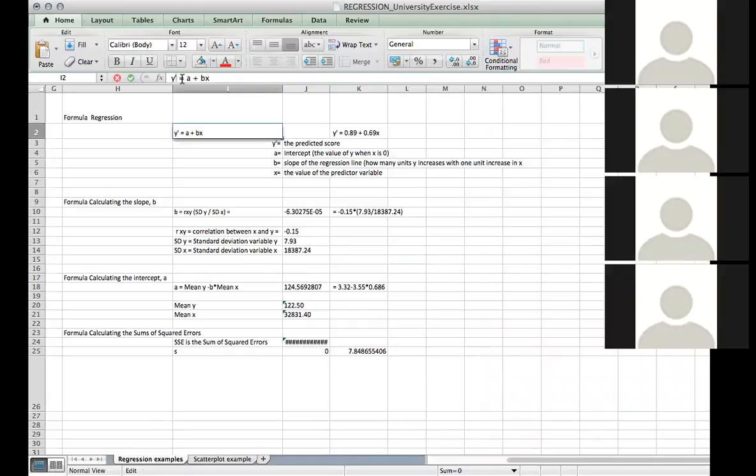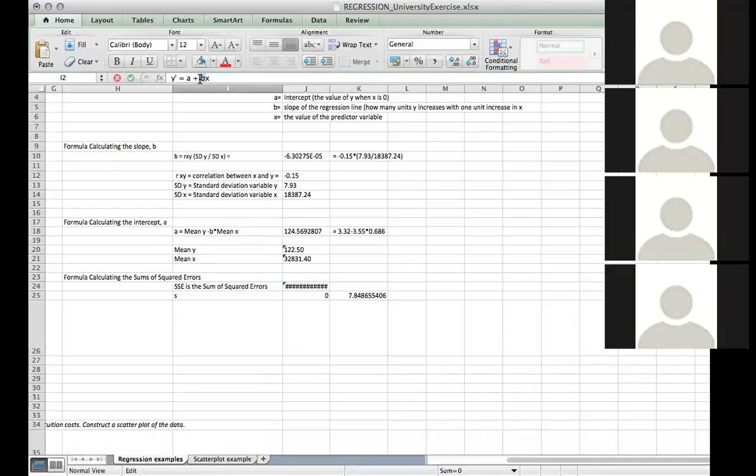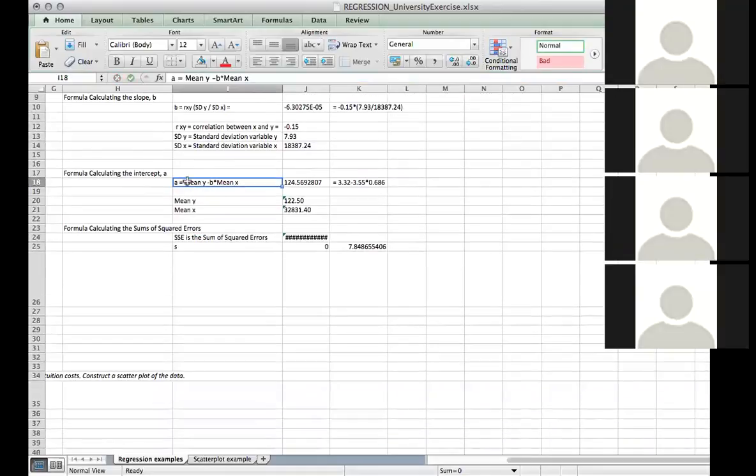It's a Y hat, but that's hard to do, right? So Y hat equals A plus B times X. So A is the intercept, B is the slope, B times the X value. Now, once we know the beta, the B, we can figure out the intercept, right? The intercept is just the mean of Y minus B times the mean of X.